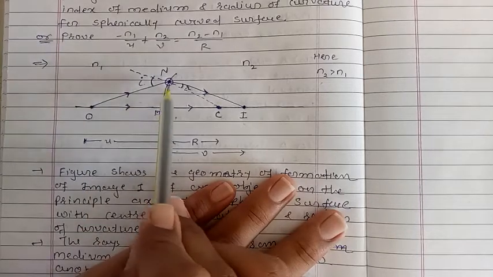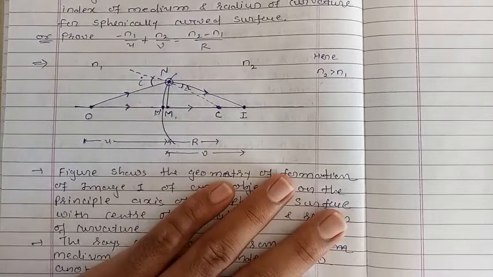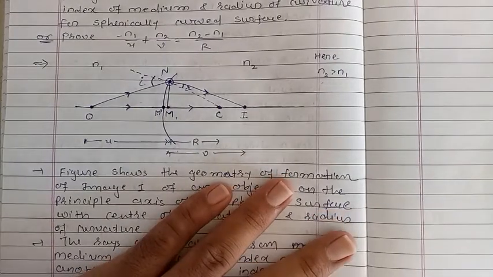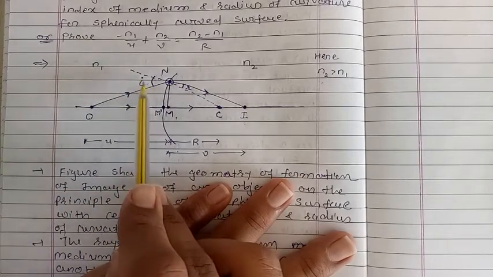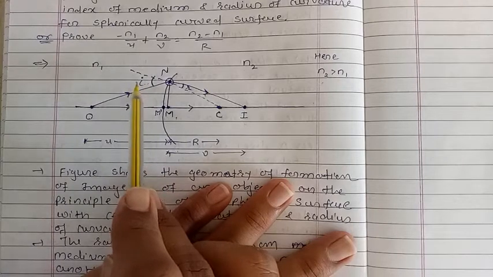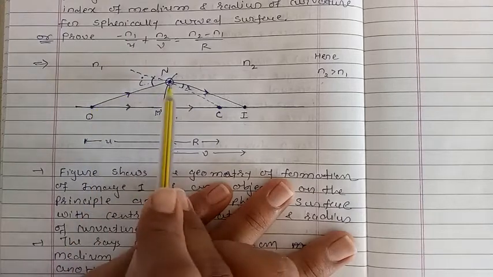So we can write that i is equal to angle NOM plus angle NCM, right? We already discussed these exterior angles. Once again I repeat, from the figure you can see that i is the exterior angle of triangle ONC.